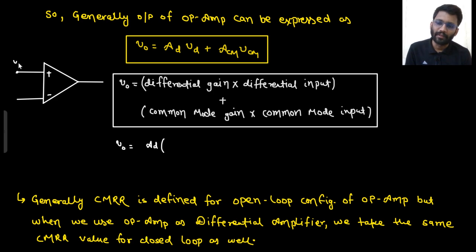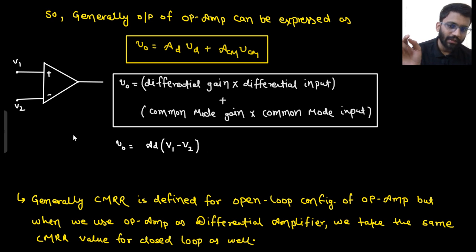This I am calling V1, and this I am calling V2. For differential input, you will write V1 equals Vin by 2 and V2 equals minus Vin by 2. Then what will be the input? V1 minus V2, right? Say yes or no. Input will be V1 minus V2. I am going to apply V1 equals Vin by 2 and V2 equals minus Vin by 2, so my input will be V1 minus V2.